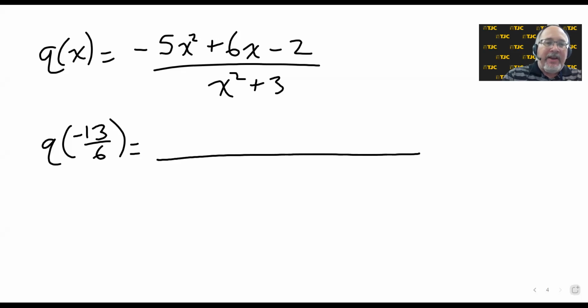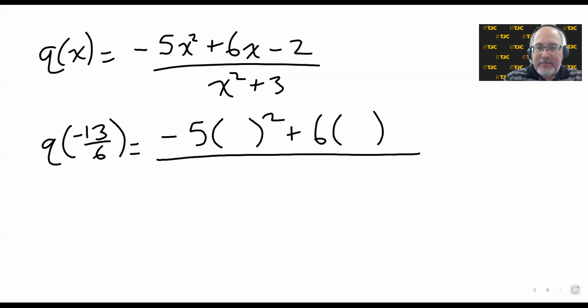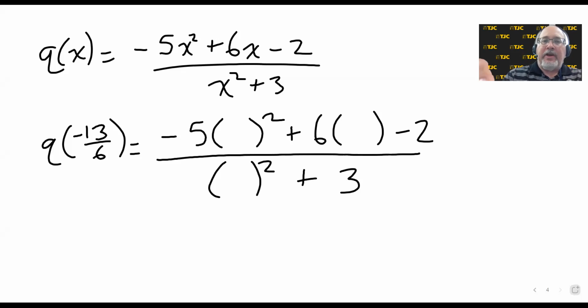Let's start by rewriting the function and replacing each x with an empty parentheses in anticipation of filling it in with negative 13 sixths. Okay, now let's put negative 13 sixths in for each x.